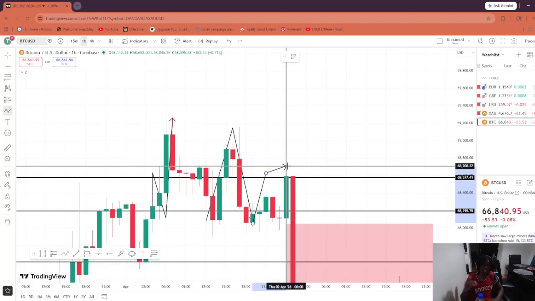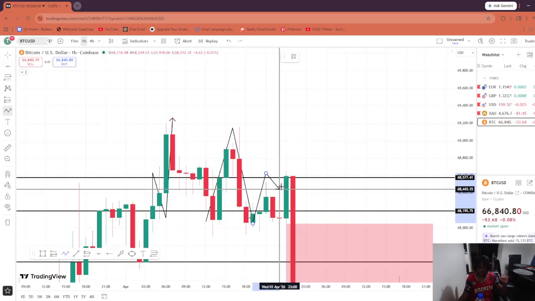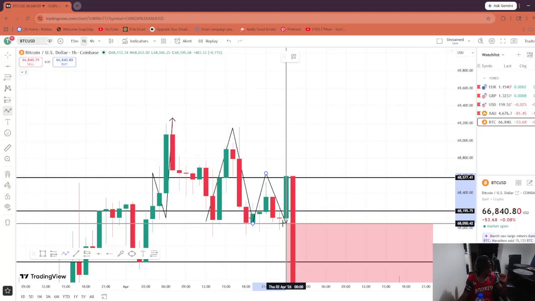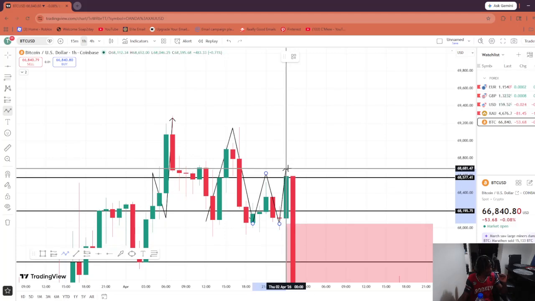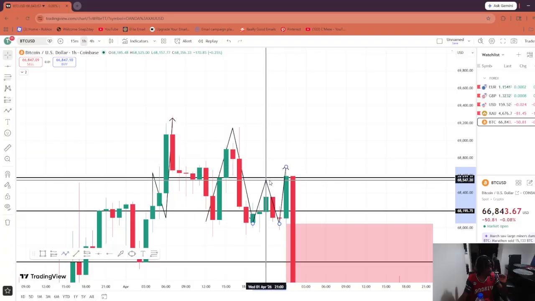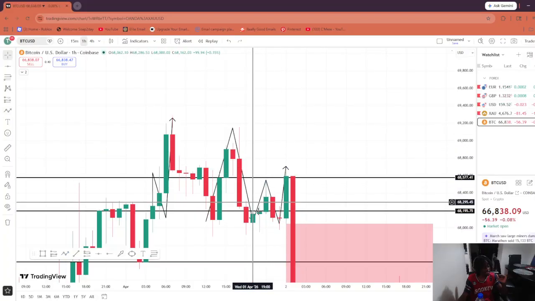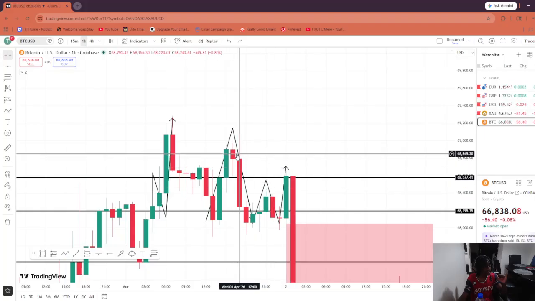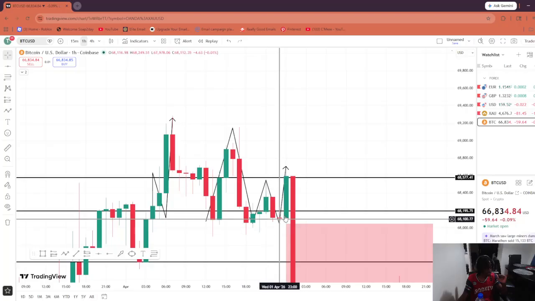Now the market is showing us price is possibly bearish right now, okay? So we came back down and we came back up like this. We created a higher low. This is a higher low. This is our lower low, okay? Why would this be?